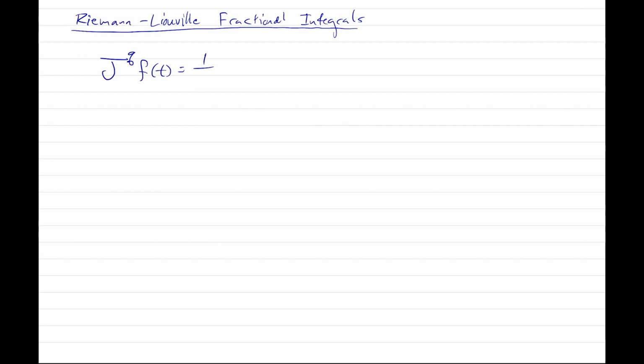Well, this is 1 over, let's pretend instead of q, I just have n. So we're going to have 1 over n minus 1 factorial times the integral from 0 to t of (t minus tau) to the n minus 1 times f of tau d tau, right? We just wrote all this. And so this would be the nth antiderivative of f. And so that's what I'm calling J^n.